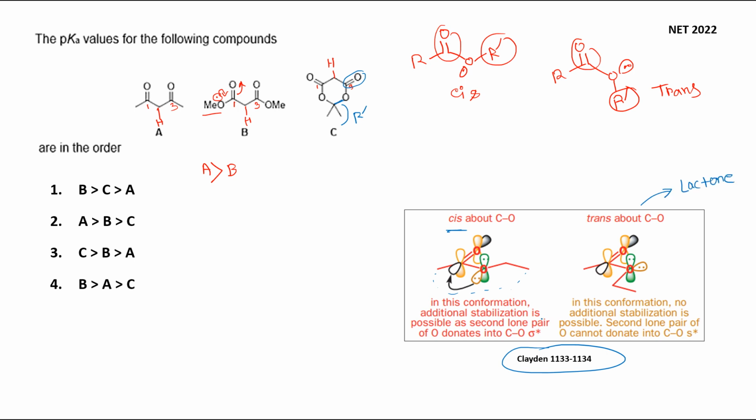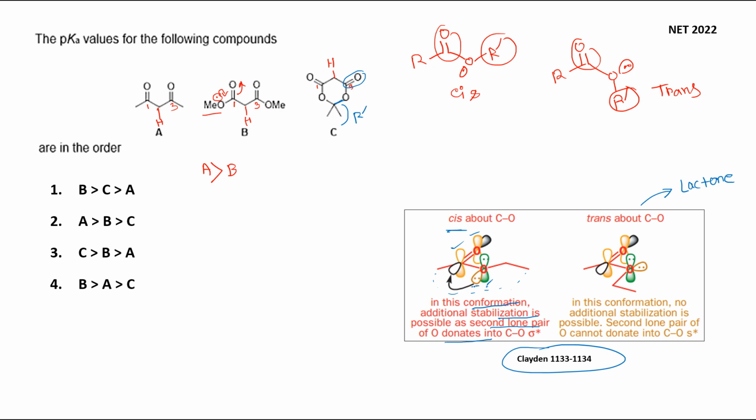Now what is happening here? In this cis conformation, additional stabilization is possible as the second lone pair of oxygen donates into the CO sigma star. Here the first lone pair, the green one, is donating electrons to the pi star, that is the orange orbital. That is the normal delocalization that we know happens in case of ester.